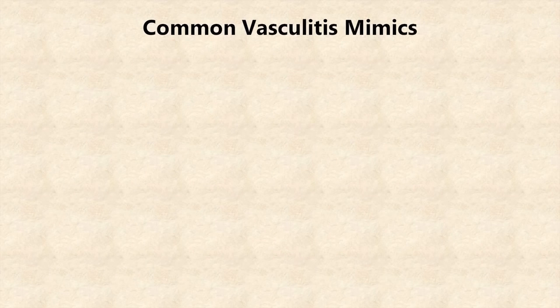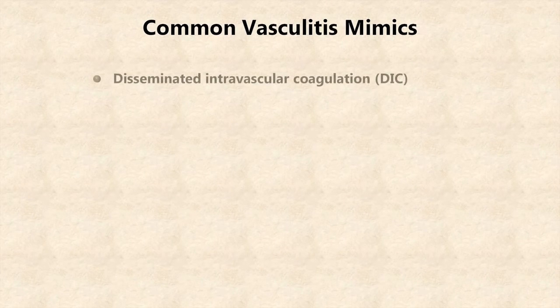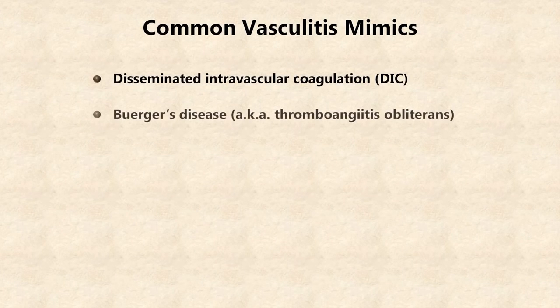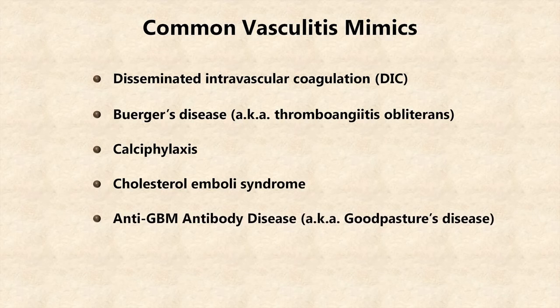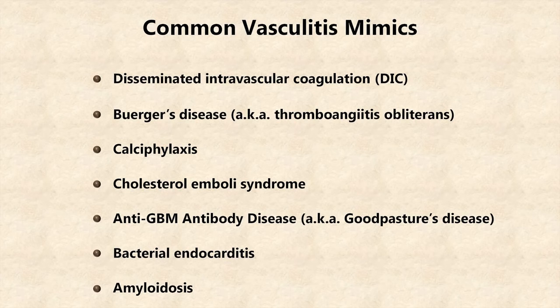There are also many diseases which can mimic vasculitis, including DIC, Buerger's disease, calciphylaxis, cholesterol emboli syndrome, anti-GBM antibody disease, bacterial endocarditis, and amyloidosis. Some sources actually list Buerger's disease and anti-GBM antibody disease as true vasculitides, highlighting the overlapping and incompletely understood pathophysiology of all of these disorders.